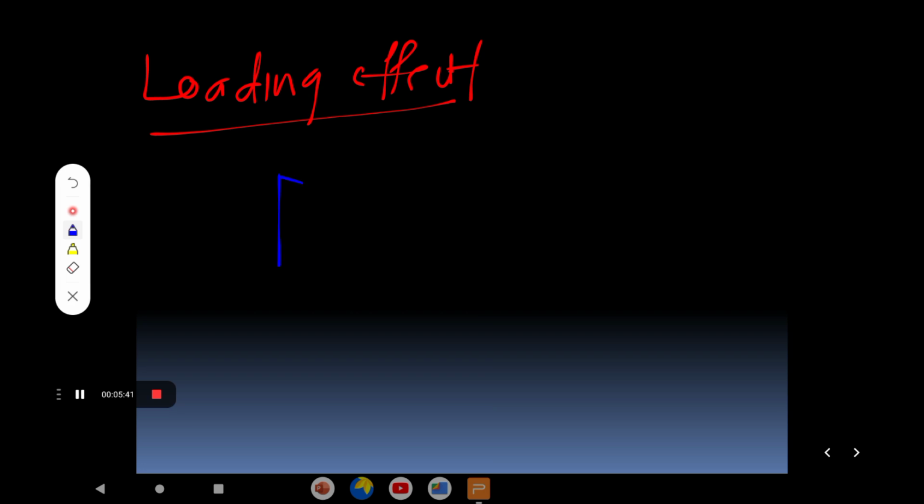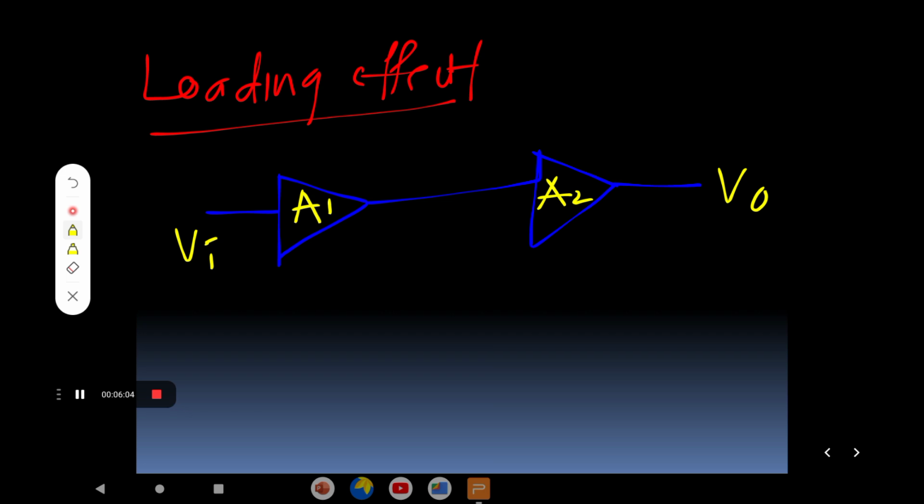This is amplifier 1. This is amplifier 2. The amplifiers can be represented as A1, the gain of the first amplifier, and A2 for the second one. An amplifier has the input Vi, and V0 is the output.